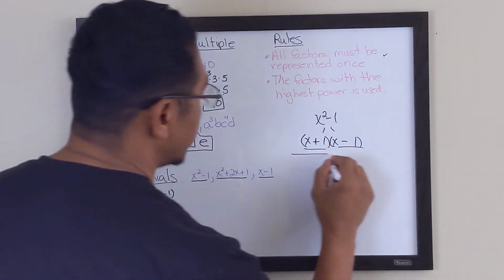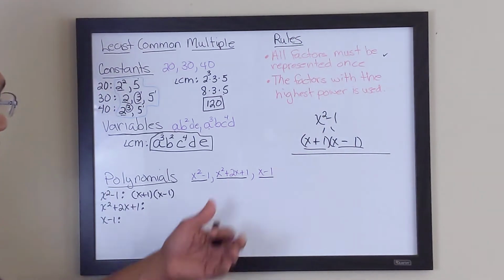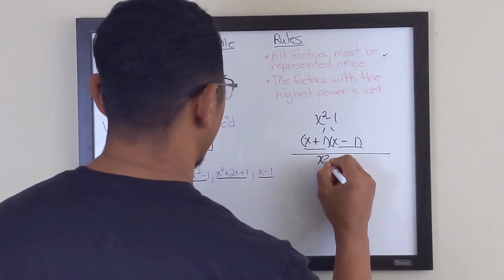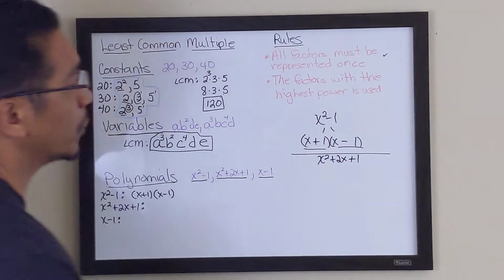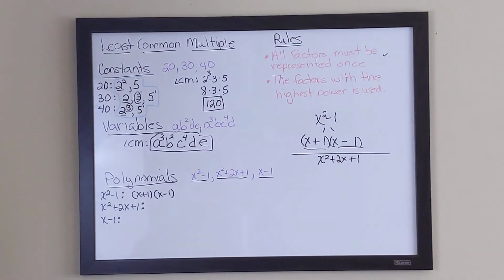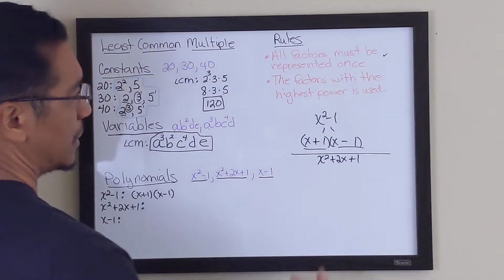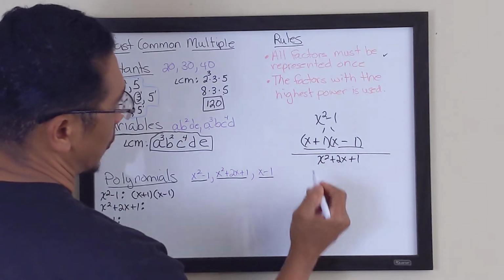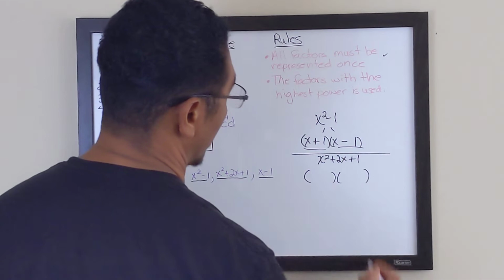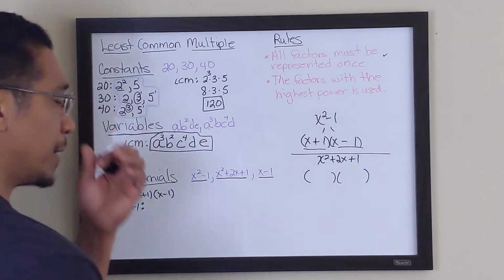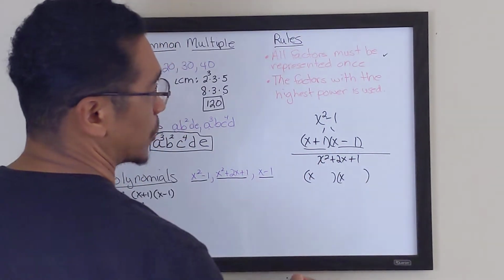Now for the other one, let's go ahead and factor that. That's x squared plus 2x plus 1. The way we factor that is what we call a equals 1 factoring, because the number in front of x squared is a 1. The method is to put an x and an x here, because that's x squared, our variable.